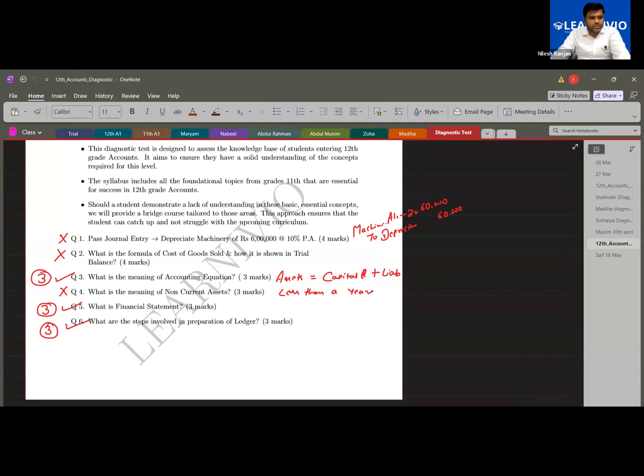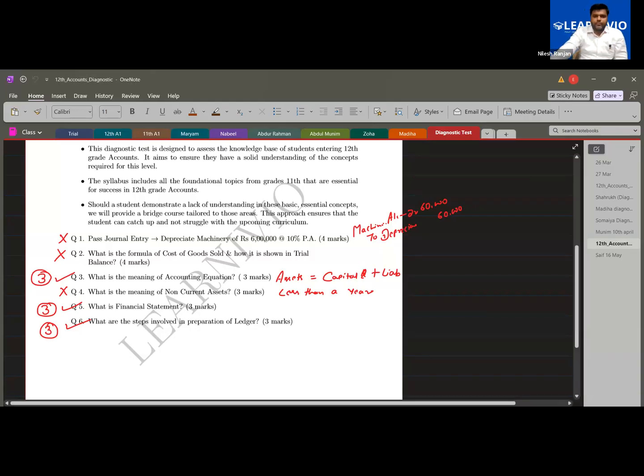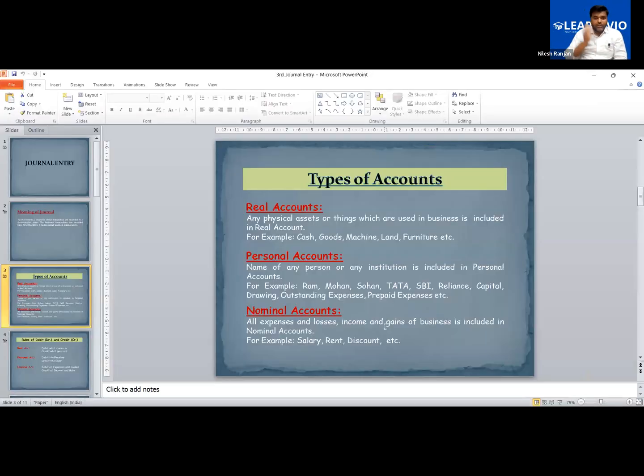Okay, let me show you another screen so that it will be clear to you. Okay, so these are types of account. Any name of any person or any institution is included in personal account. For example, Ram, Mohan, Sohan, Tata, SBI, Reliance.